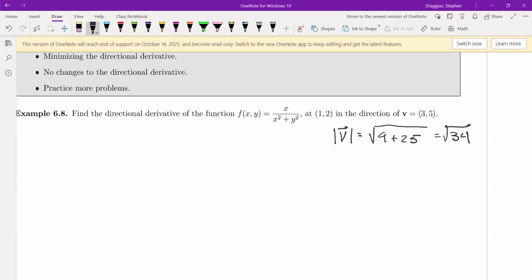Which means my unit vector, which I'll mark as u, is going to be 1 over root 34 times (3, 5). And for simplicity's sake, I'll just leave that 1 over root 34 on the outside for now.